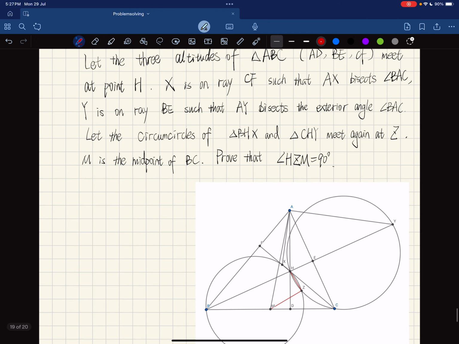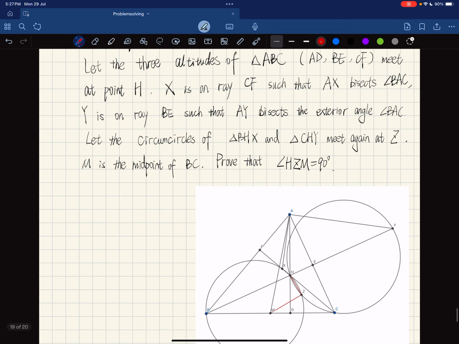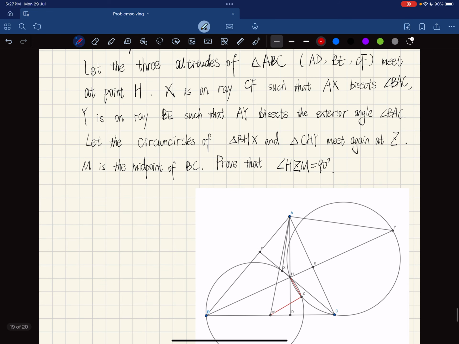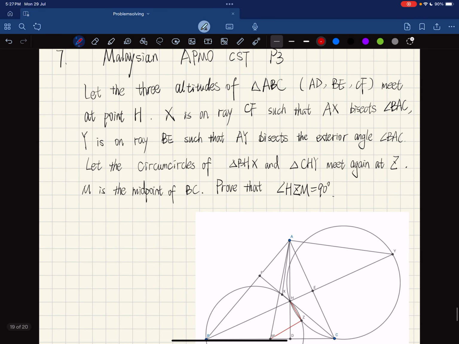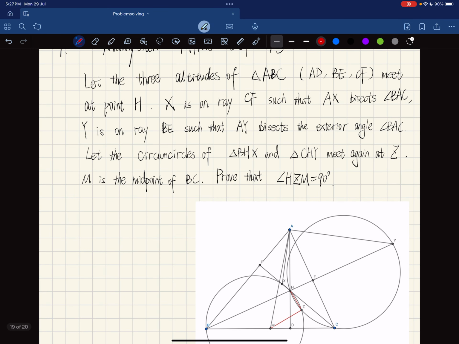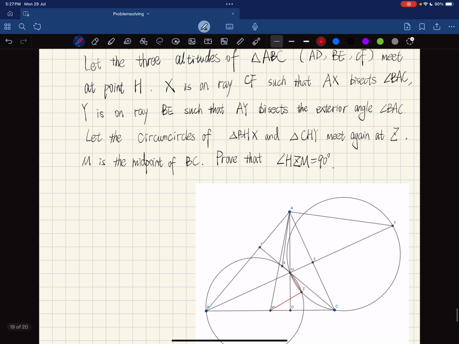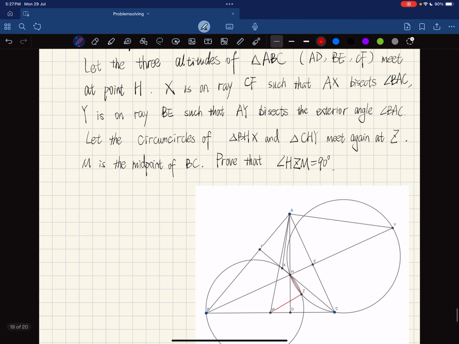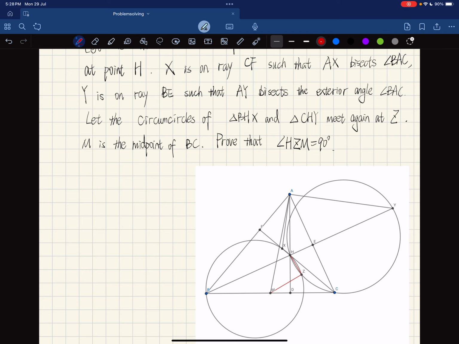We can know that AD, BE, and CF are the three altitudes of the triangle ABC, and H is the intersection of these 3 segments. Actually, H is the orthocenter of the triangle ABC, and from the next sentence we can know that AX bisects the interior angle BAC, and AY bisects the exterior angle BAC, right?